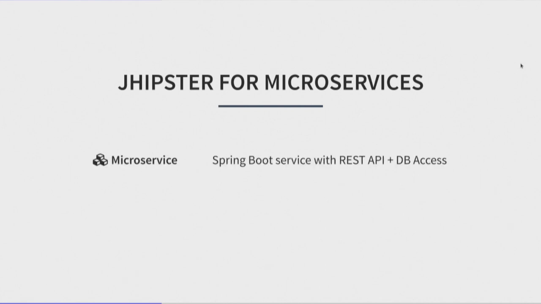Of course, JHipster lets you generate a microservice, which is a Spring Boot app with a REST API and access to the database. We automatically generate the required code to connect to a database, and we support most of them, PostgreSQL, MongoDB, Cassandra, and Couchbase, I think, and a lot more.